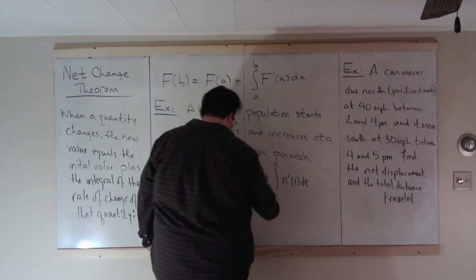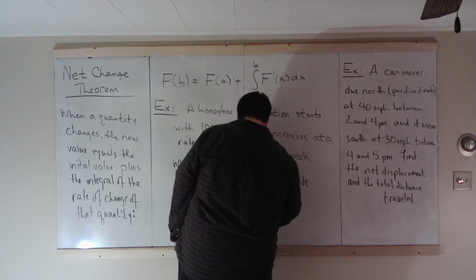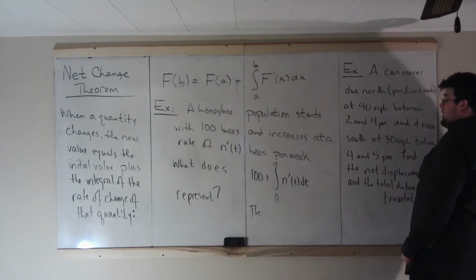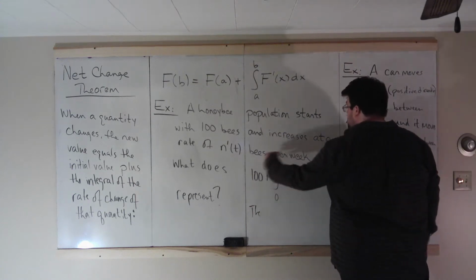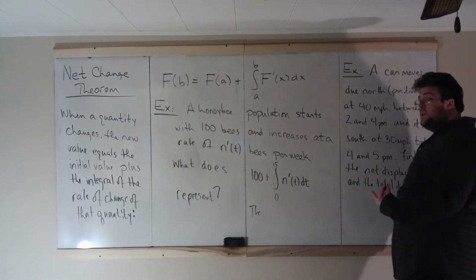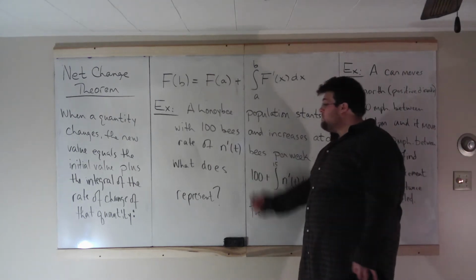From 0 to 15, time is in weeks. So we're looking at how the honeybee population is changing from week 0 to week 15. And we're starting with 100 bees.